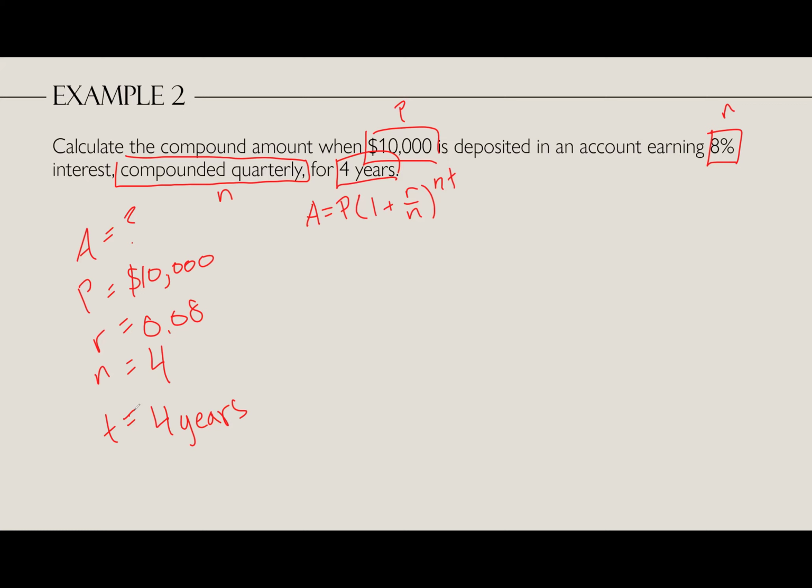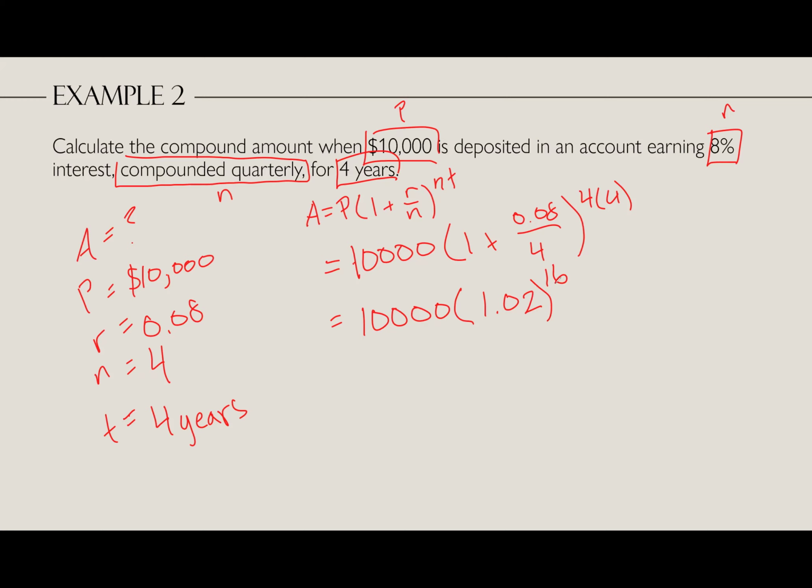So I have all of my values, and now I just have to plug everything into the right spot. Compound amount is 10,000 times 1 plus r over n to the nt power. Once again, I'm just going to clean this up quickly. I have 10,000 times 1 plus 0.08 over 4. We should be getting 1.02 to the 16th power.